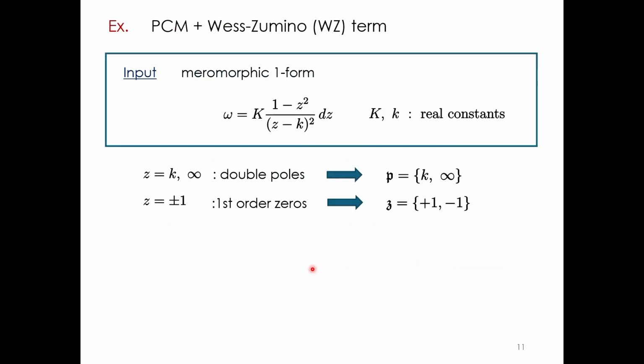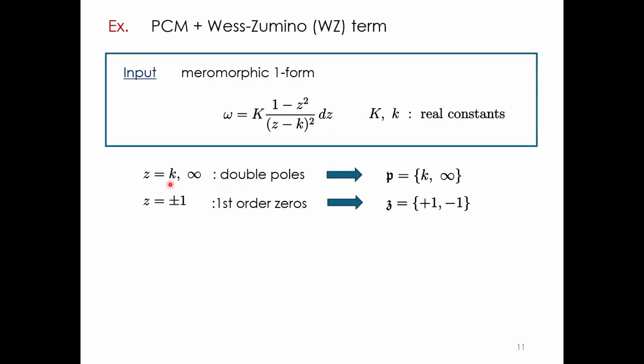So let me explain a simple example of how to derive two-dimensional principal chiral models with Wess-Zumino terms from the four-dimensional Chern-Simons theory. For this, we will take this meromorphic one-form. Here the capital K and small k's are real constants.